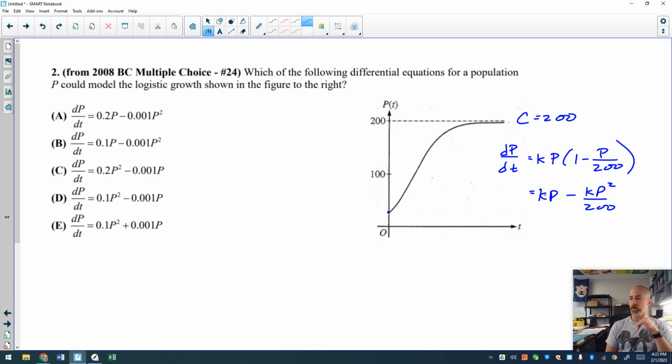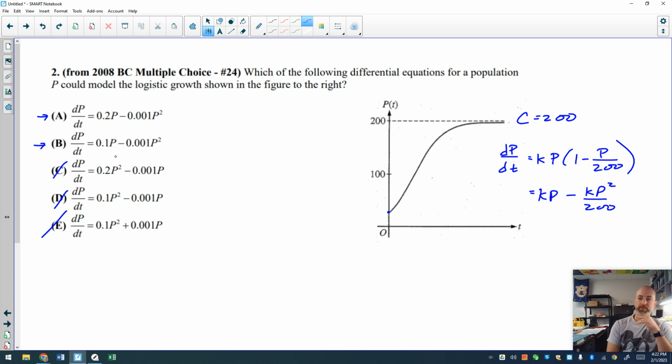And so I'm looking back at my options, and here's the beauty of multiple choice. Only two of these are in the form of KP minus something P squared. It's either going to be A or B. Those are the only ones that are in the logistic model.